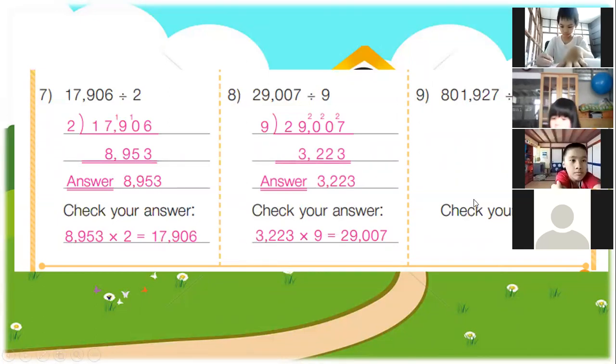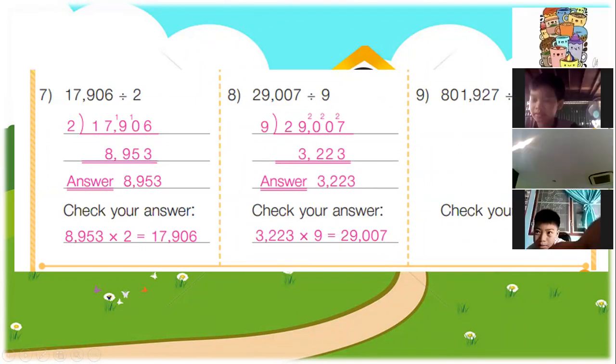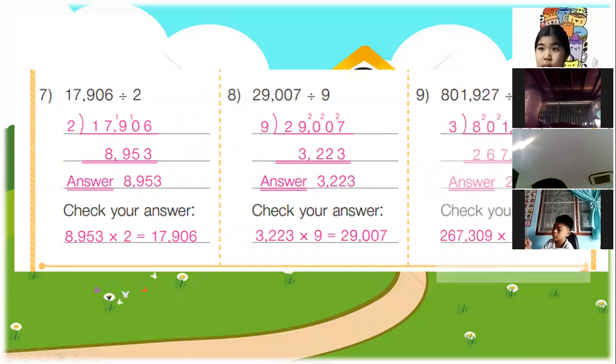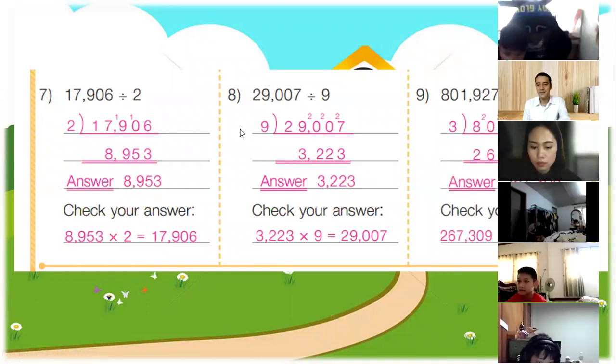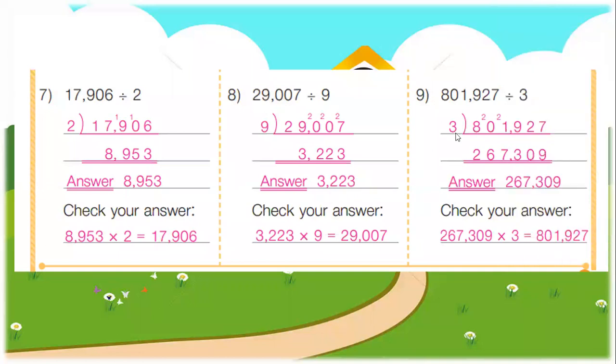Okay, number 9. Who can solve number 9? Number 9, the dividend is 801,927 and the divisor is 3. Okay, so we're going to start from 8, which is greater.